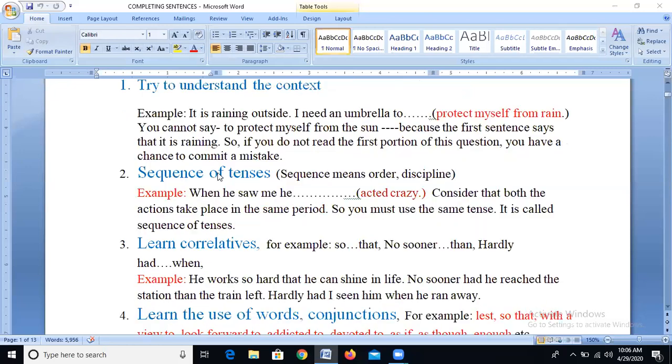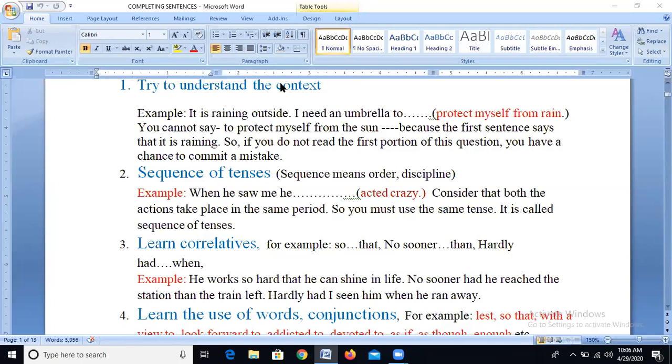So similarly, come to the second point, sequence of tenses. Sequence of tenses is a very important thing that you must consider while completing a sentence.